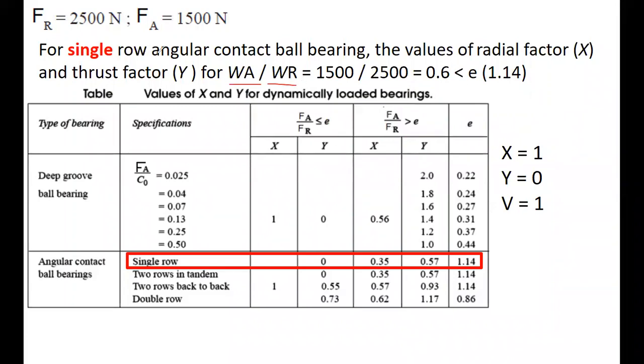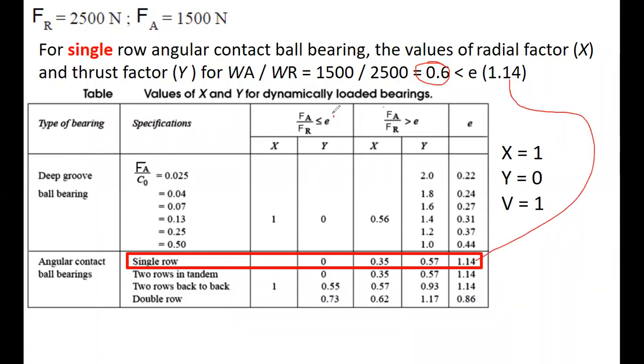That's one and the same thing. FA or WA is 1500, FR or WR is 2500. Once we do that, the ratio turns out to be 0.6, which is obviously less than E.